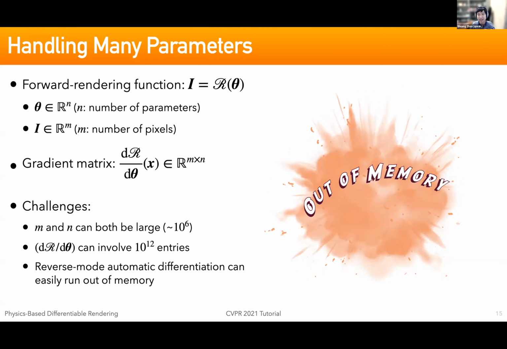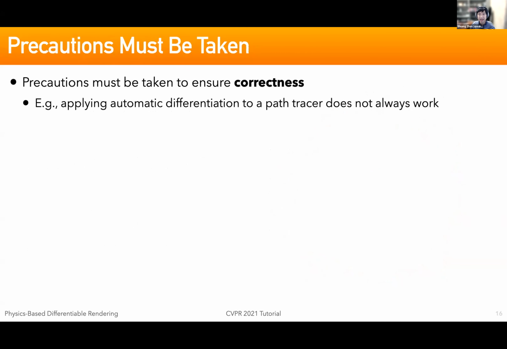Fortunately, we do have some new techniques that address this challenge. Another thing, which will be the main focus of this tutorial, is that precautions must be taken to ensure correctness. In other words, if we just take an off-the-shelf path tracer and just apply whatever PyTorch autodiff to it, it may not always work. It can work sometimes, but not always.